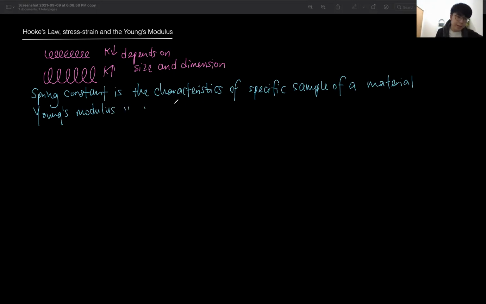It is the characteristic of a material type. They are both a measure of stiffness. One is specific to a spring only. Another one is specific to a material type. So if I talk about steel, then steel has one Young modulus, regardless of the dimension.